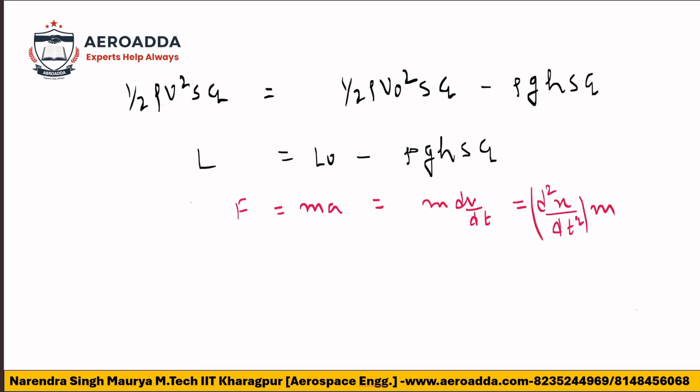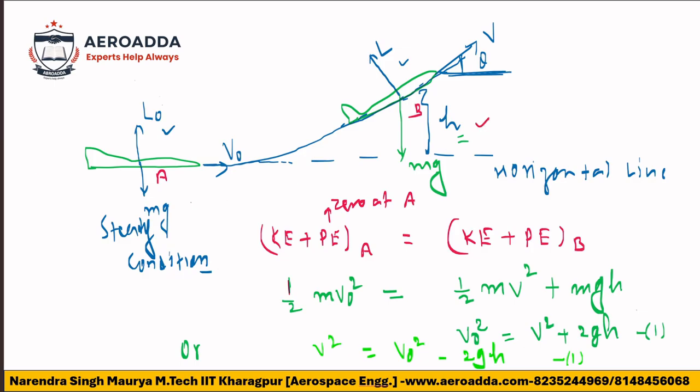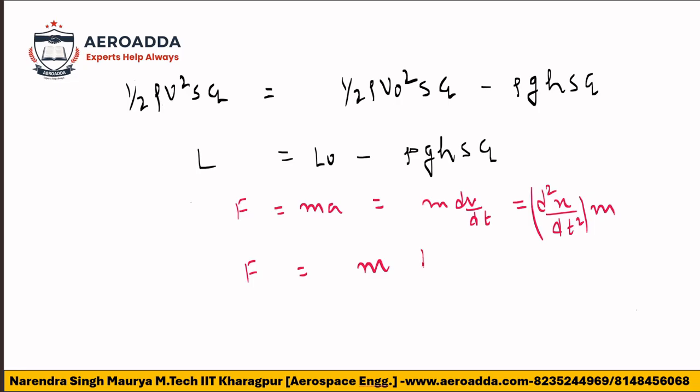Okay. If you check, this one is nothing but force F as m, and instead of x, what do you have to write? In which direction is it varying? In the direction of h it is varying. Instead of x, what will you place? You will place d square h by dt square. Hope you all agree with Newton's second law.